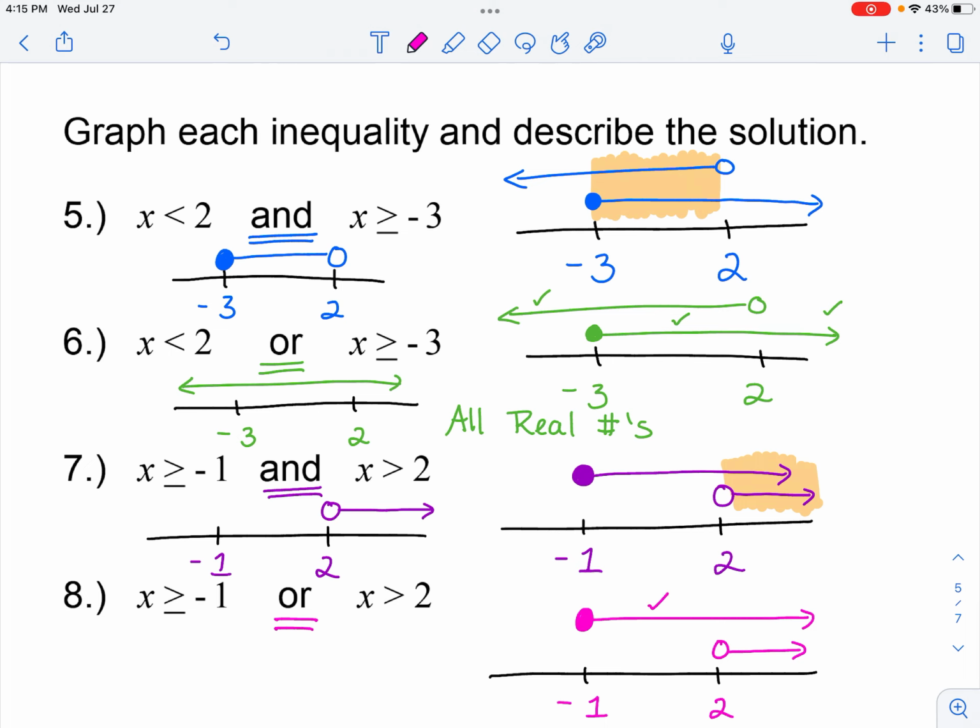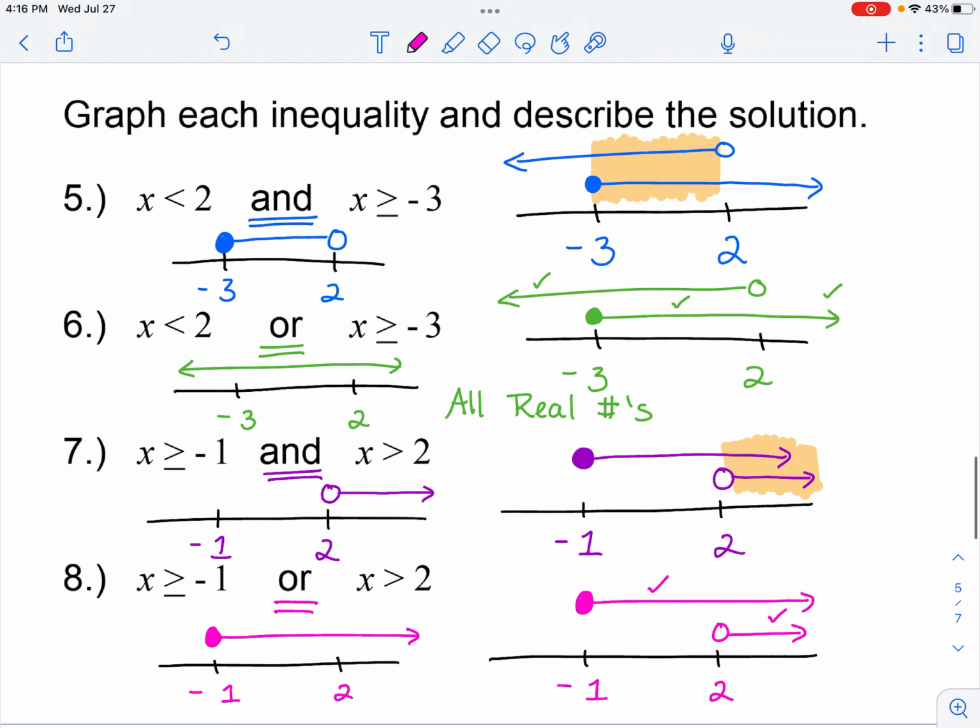So the numbers in this section right here work. The numbers where they overlap work. So everything bigger than or equal to negative 1 works. So my final answer here, again, my numbers are negative 1 and 2. And everything from negative 1, including negative 1 and up, worked in one or the other inequality, okay?